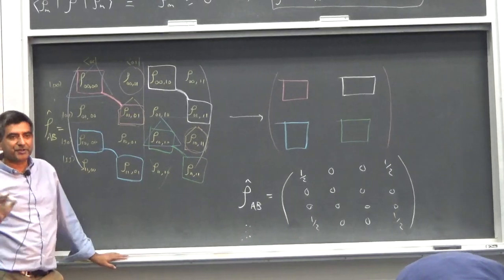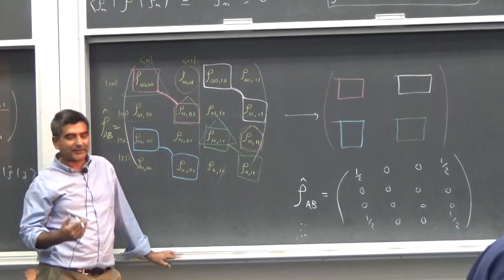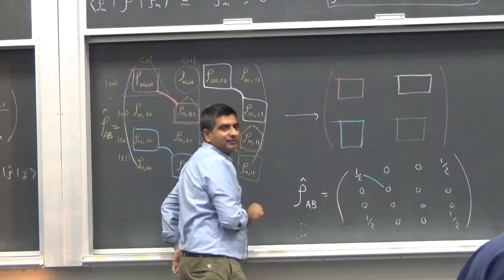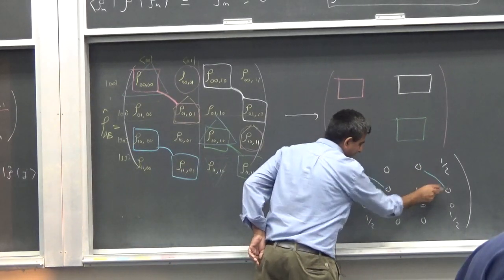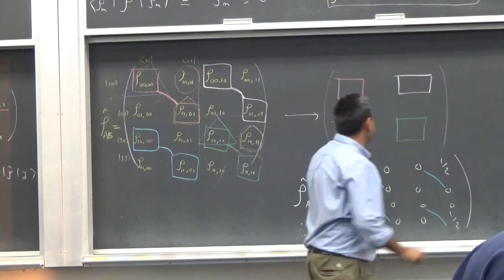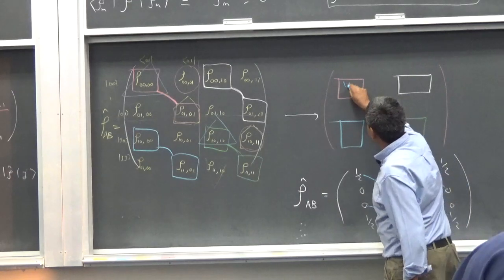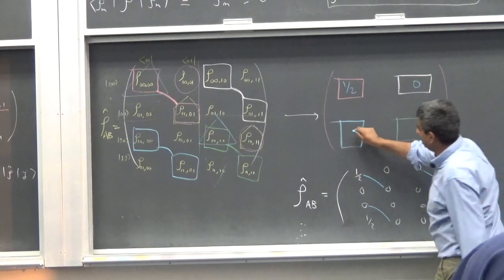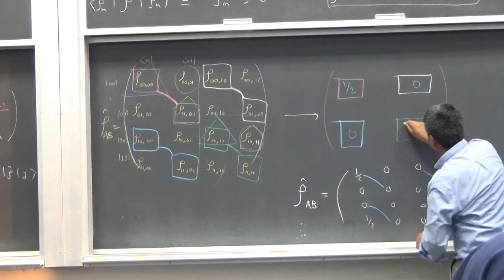If I were to do the partial trace over the second qubit, which means I have to add these two terms, these two terms, these two terms, and these two terms. When I add these two terms, I get a half over here, 0 over here, 0 over here, and a half over here.